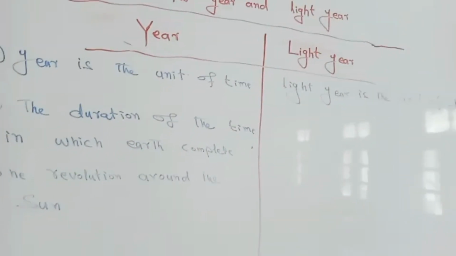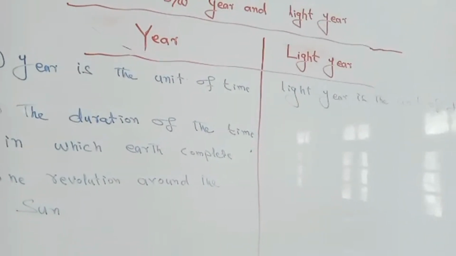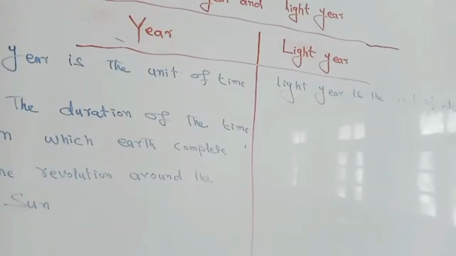But the light year is the distance that light travels in the vacuum in 1 year.